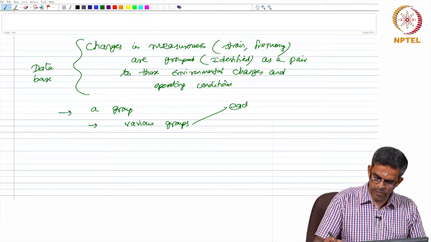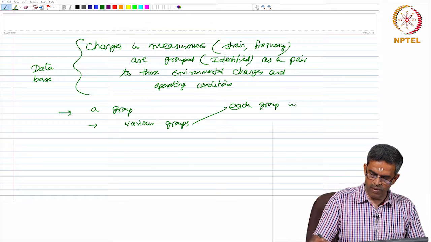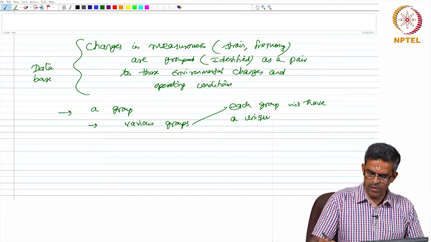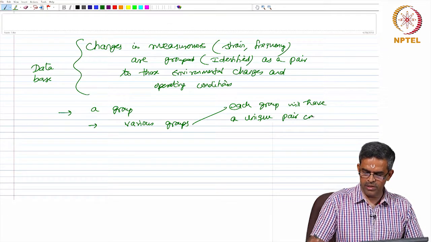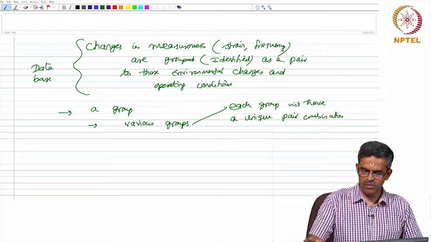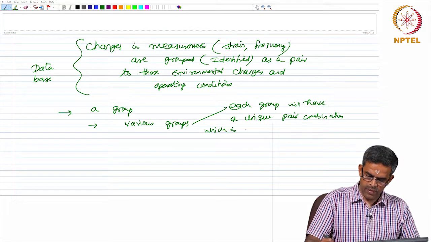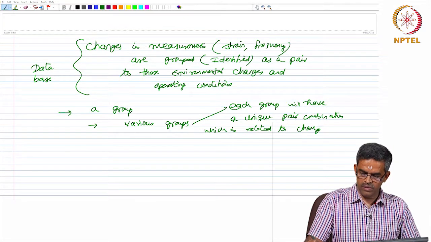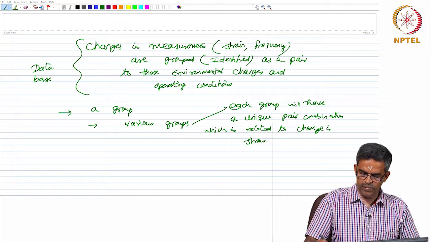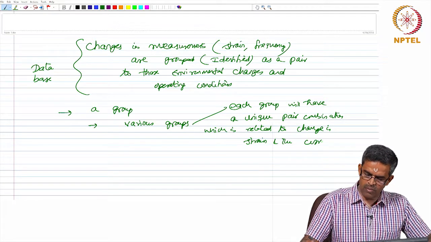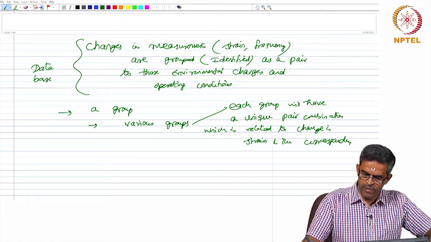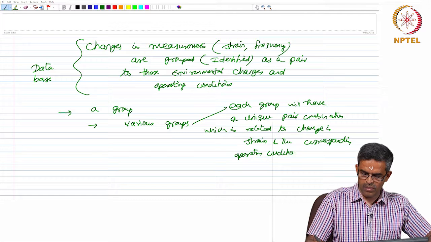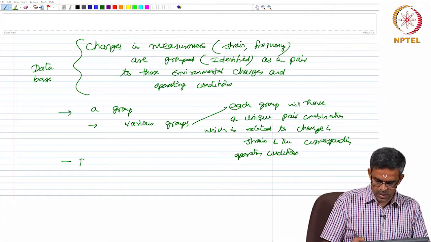Each group will have a unique pair combination which is related to change in strain and the corresponding operating conditions. Okay. We call this a pattern.